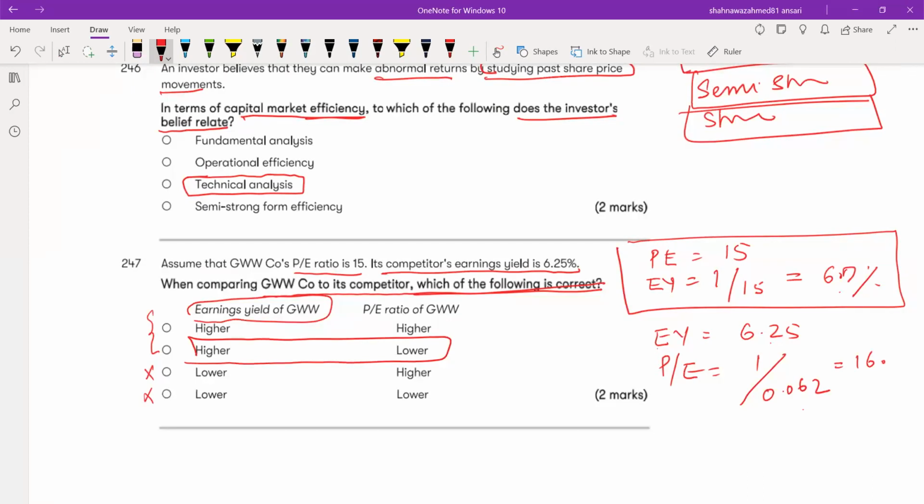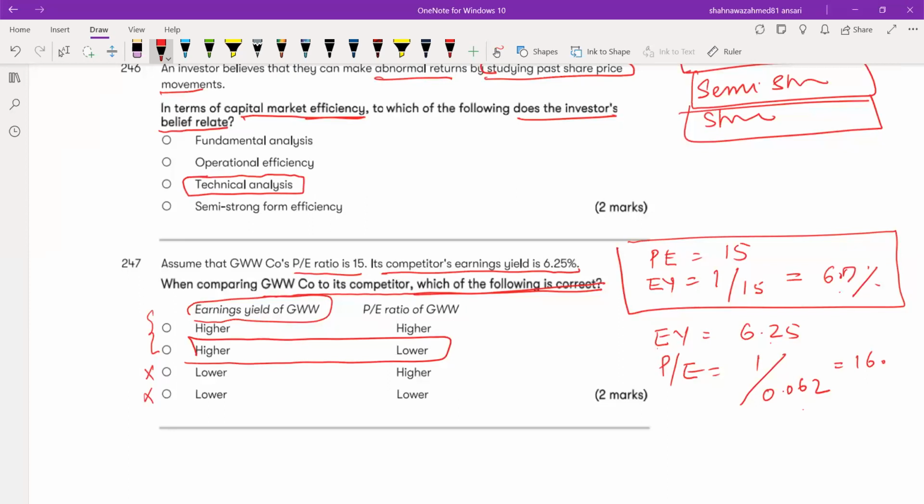So the answer is lower. Let me recalculate it again.